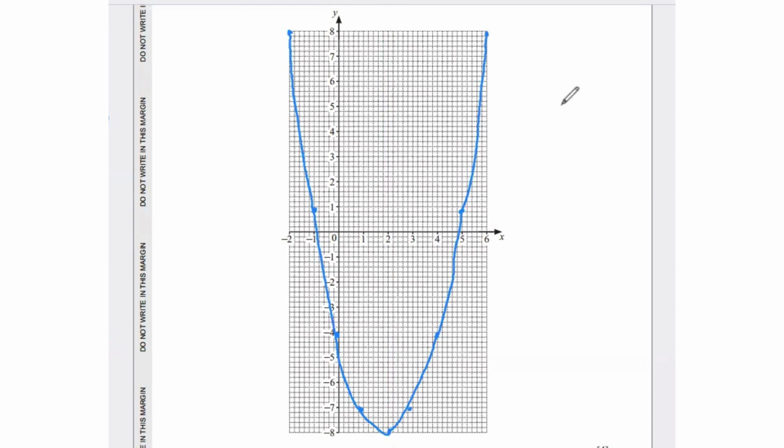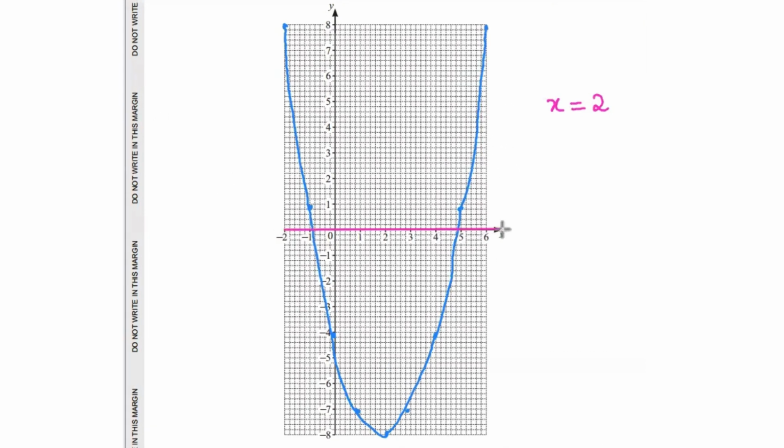x equals 2. And then finding the values when x squared minus 4x minus 4 is equal to 0. That means we draw a line at y equals 0, which is the x-axis, and find the points of intersection. So it is this and this. That's x equals negative 0.8 for me, or so, and x equals 4.8, around those points.